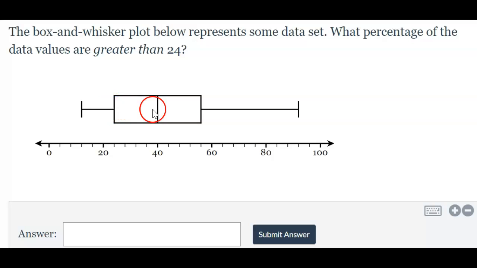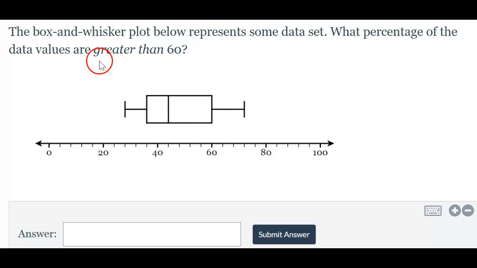So there's going to be 25% from here to here, 25% from here to here, and 25% from here to here. So 25 times 3 is going to give us 75%. Now it asks what percentage of the data values are greater than 60. 60 is our Q3, so only 25% of data values are greater than 60 in this data set.